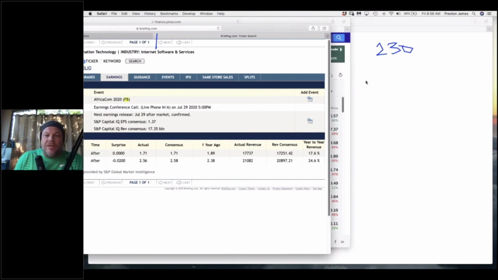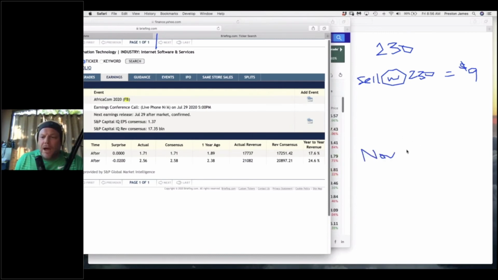If I was to go into next week and sell that weekly 230 or maybe 232.50 put, getting $9 for that week, in a normal circumstance I might have the November, I don't know, 215 puts.